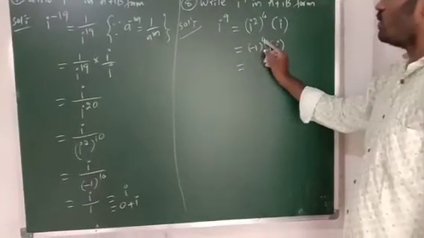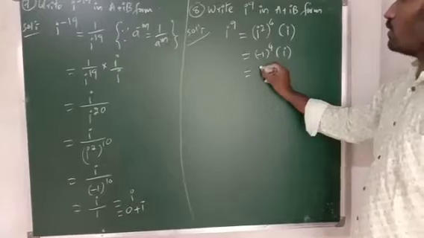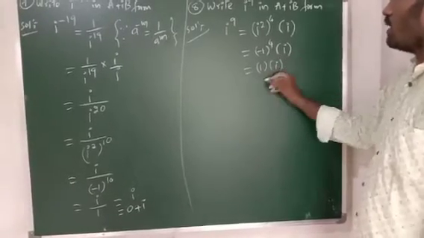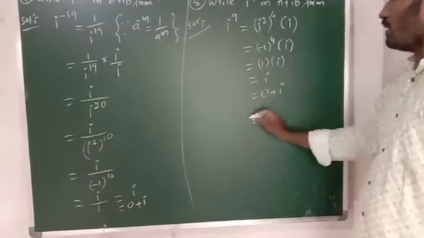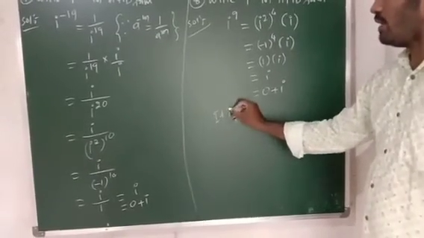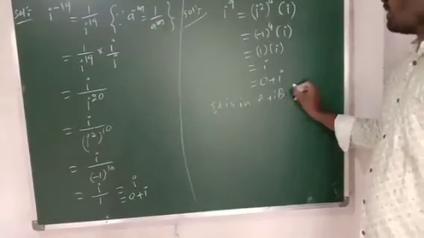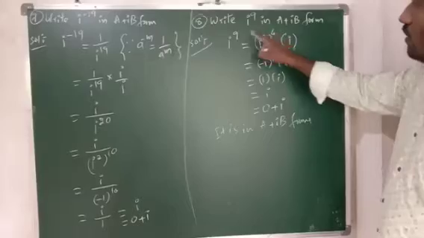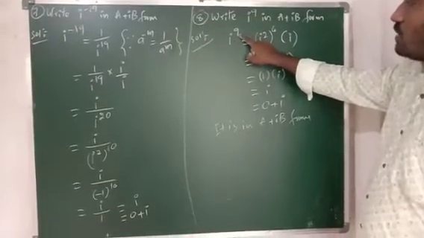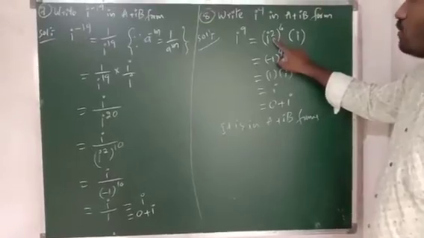The power is even, so minus becomes plus. So minus 1 to the power of 4 is 1, into i. So this is equal to i. It can be written as 0 plus i. Now it is in a plus ib form. Whenever there is an i power term, we have to convert that term into i square to some power.